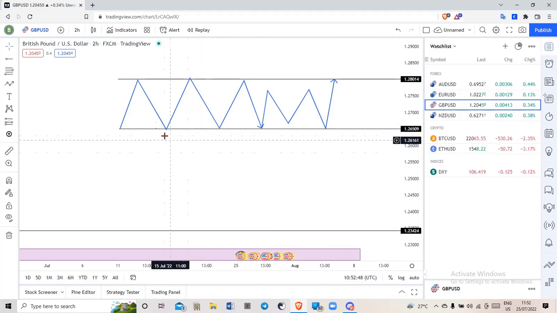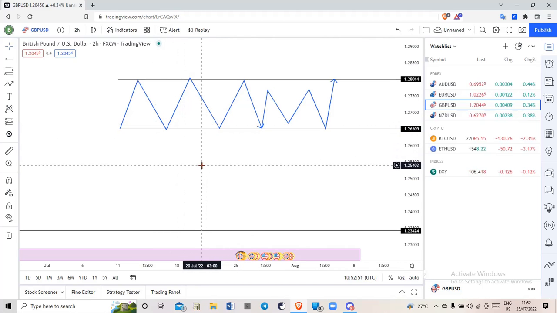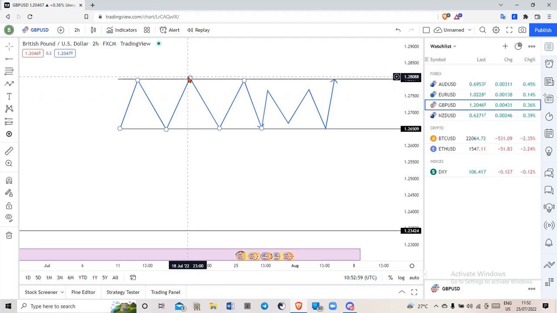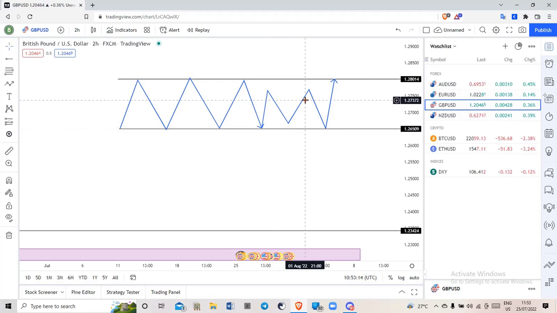Let's say, how do I get you to understand this? As this market is moving up and down, you choose the highest point for your ceiling and the lowest point for your floor, which is your support. You can see that even though the market didn't touch this bottom part and didn't touch this top part, we still have it around this area.